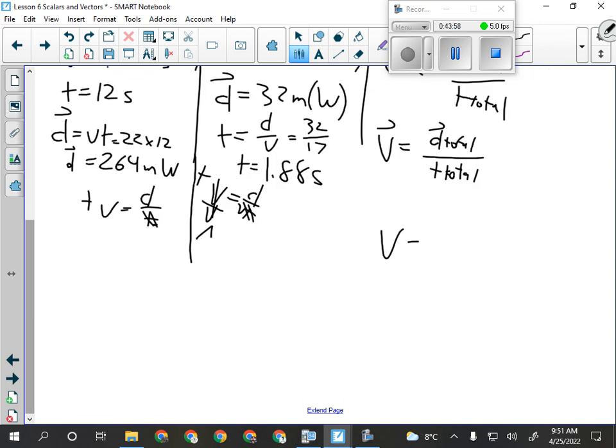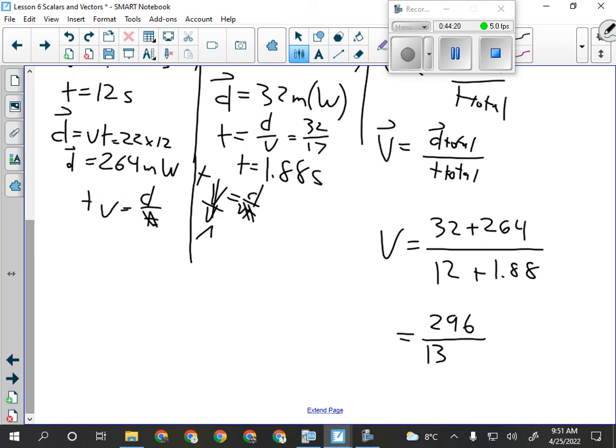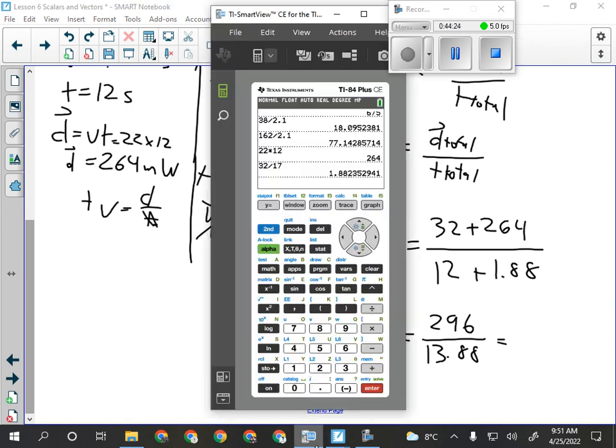So I can calculate my total distance. So v equals total distance, which will be 32 plus 264, divided by the total time, which will be 12 plus 1.88. So we're going to have 296 divided by 13.88 for our average speed.